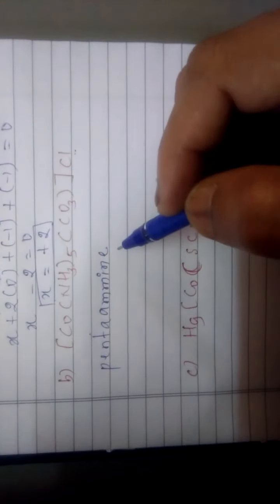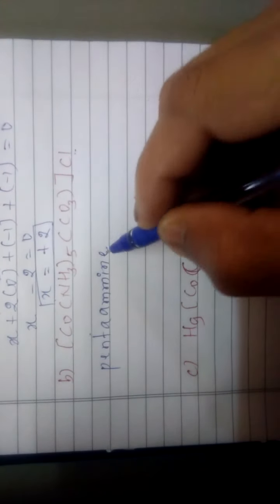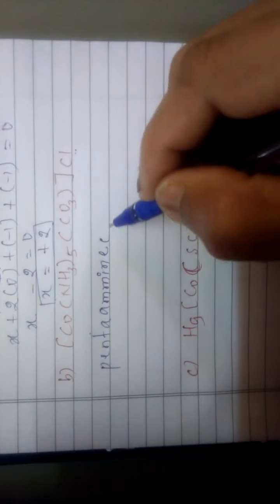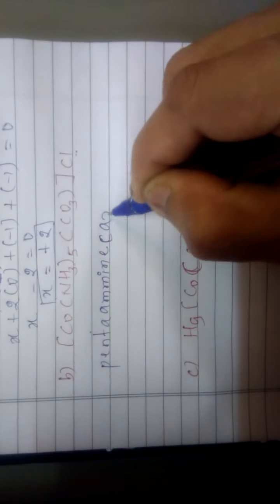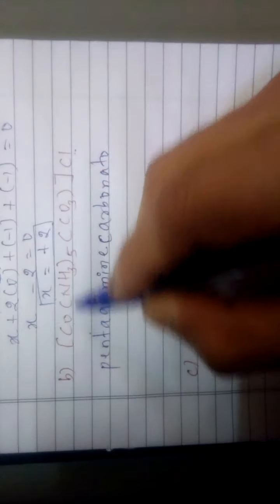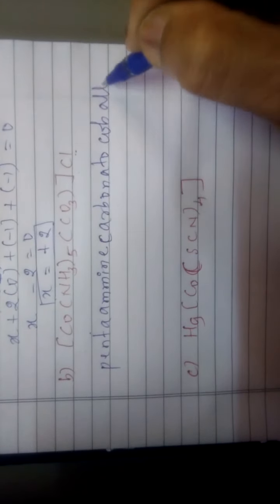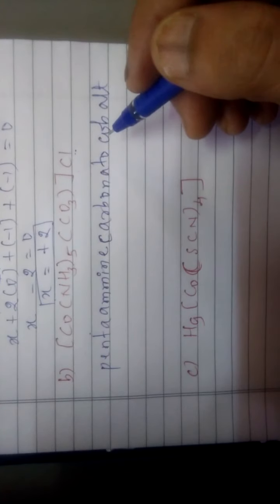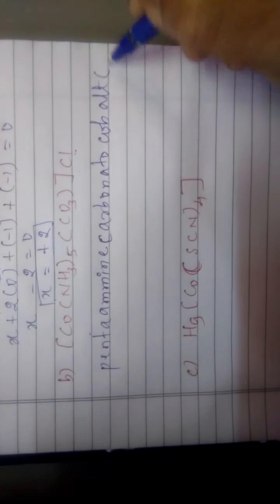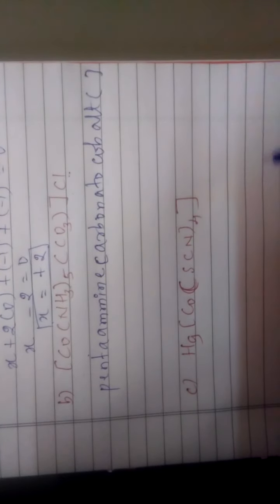Next you have to name carbonate, that is pentammine carbonato because it is the negative ligand, carbonato, and then the central metal ion. You have to name cobalt, and leave a space for writing the oxidation state.